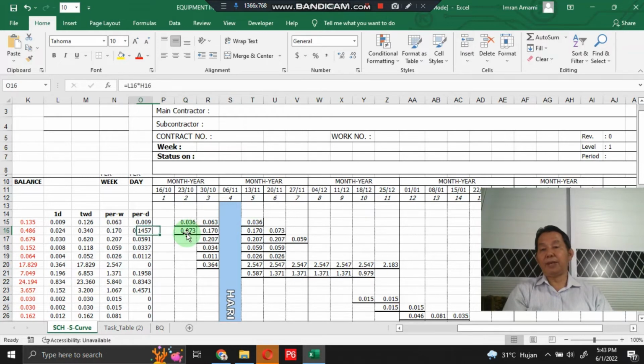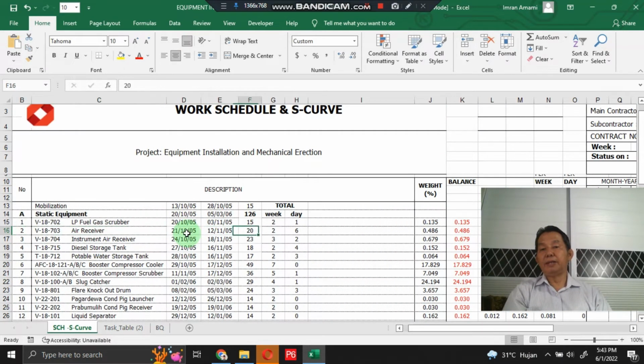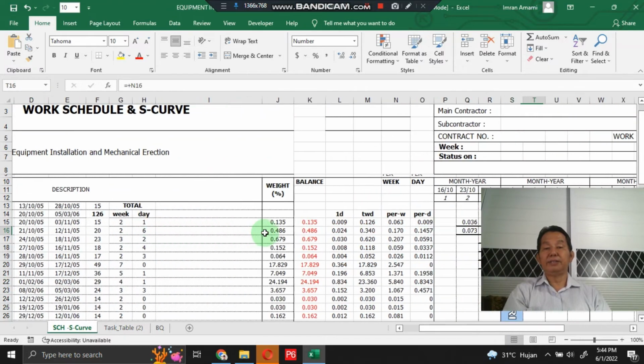The same applies to the other work item, air receivers. The schedule starts from October 21 and finishes November 12, 2005. It means 20 days, which means 2 weeks and 6 days.